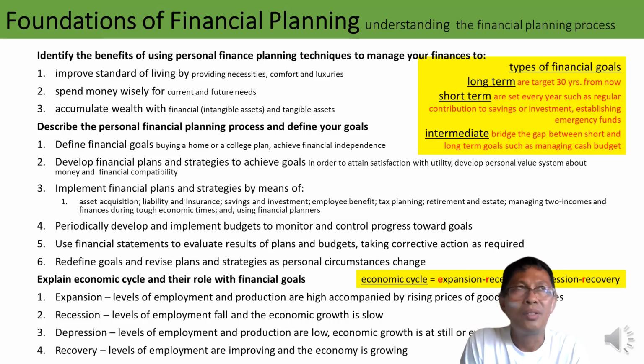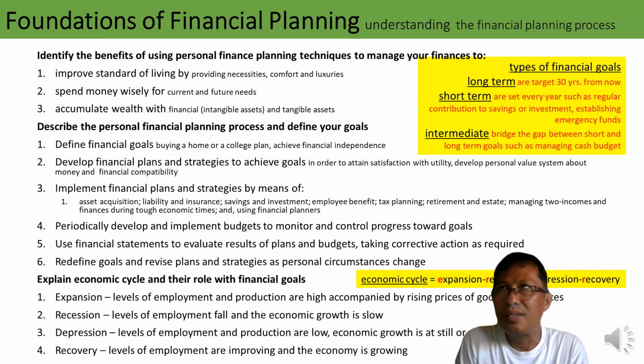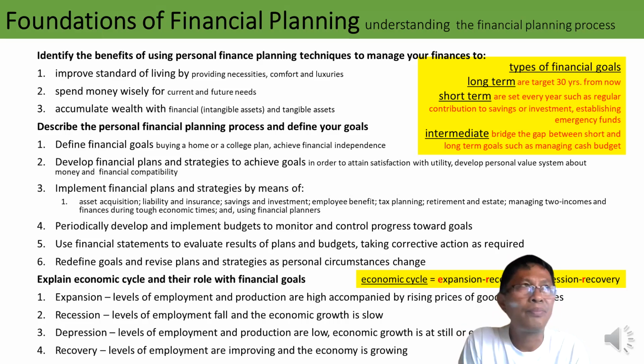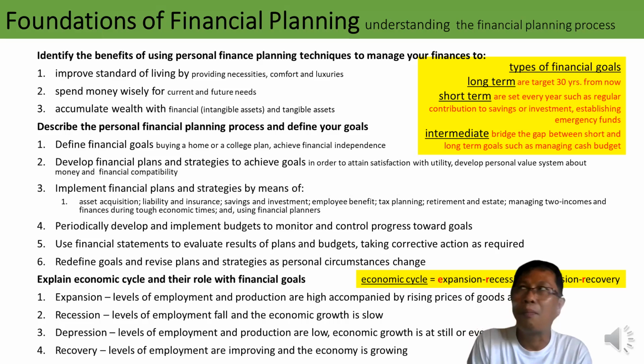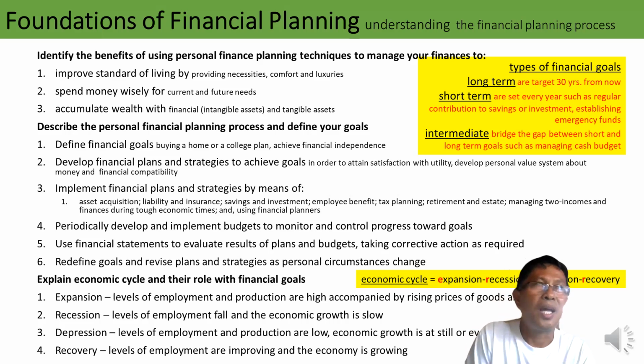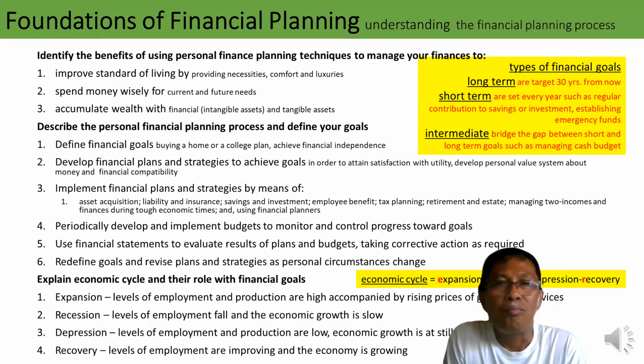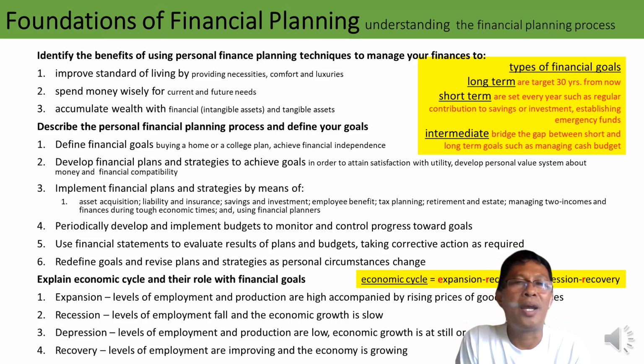What do you want your life to be? 30 years from now, 5 years from now, 10 years from now, or after a year. You define your goals. Sabihin mo, dapat meron akong car. Dapat meron akong motorcycle. Dapat nakabili ako ng bahay. Makabuild ako ng bahay na aking sarili. Dapat maging financial independent ako 10 years from now.